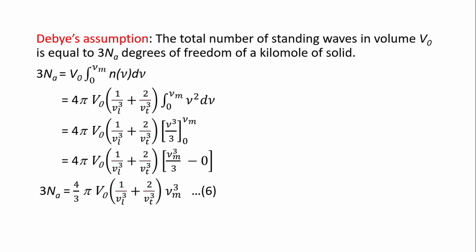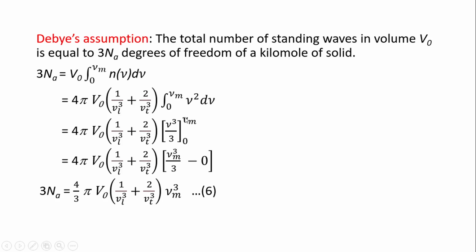So we have 3 Na equal to the total number of waves in volume V0, that is V0 times the integration from 0 to nu m of n nu d nu. After substituting the value of n nu d nu, we get a factor 4 pi V0 in the bracket, which is independent of nu and is taken out of the integration, and in the integration we have only nu square d nu.